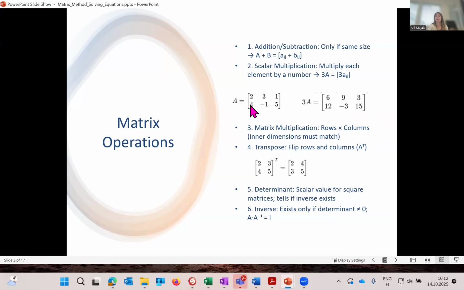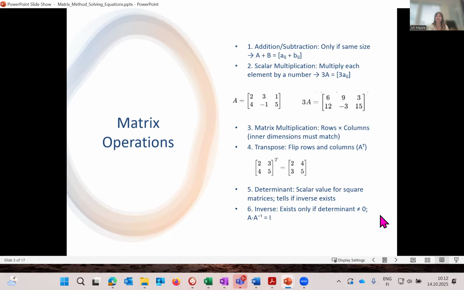If you multiply one matrix with the other, you multiply rows with columns and inner dimensions must match, but we don't do this now. You can also flip rows and columns. You can do many things for sure. And this is something that maybe you will learn in some other course where you actually use some kind of application of this.